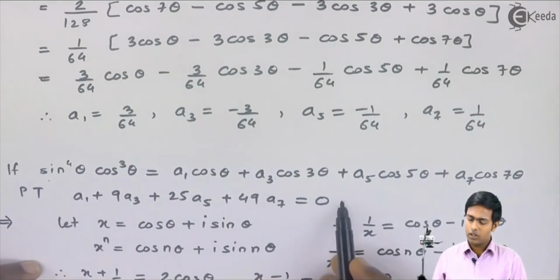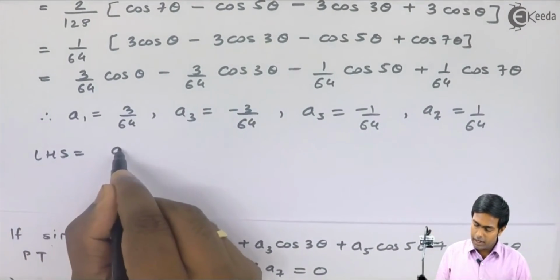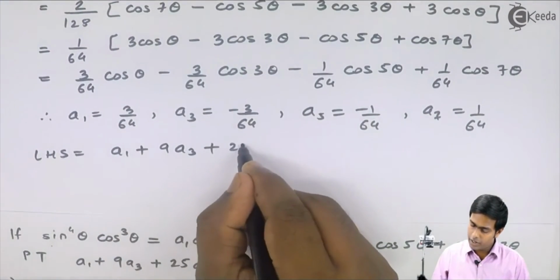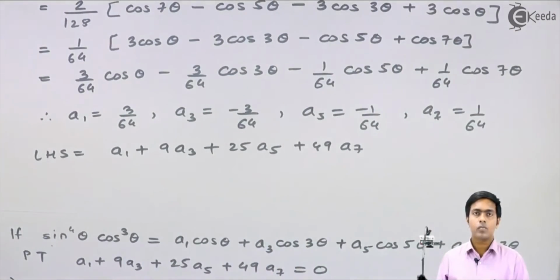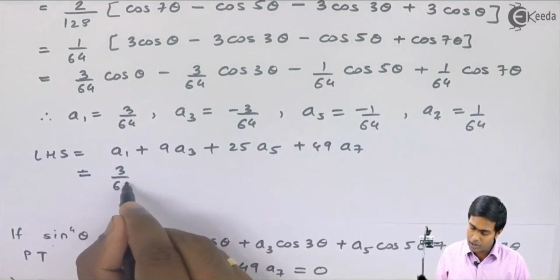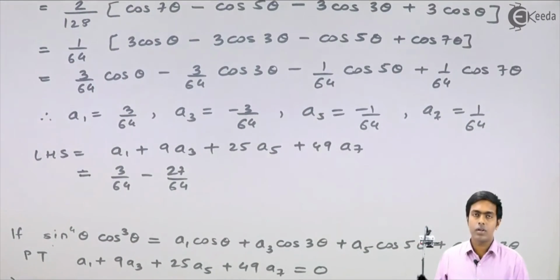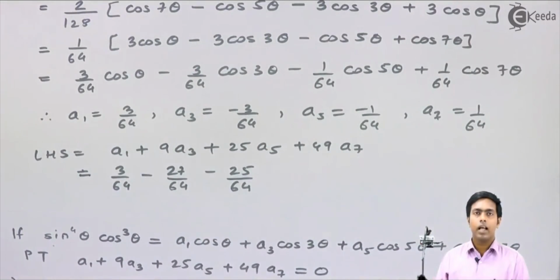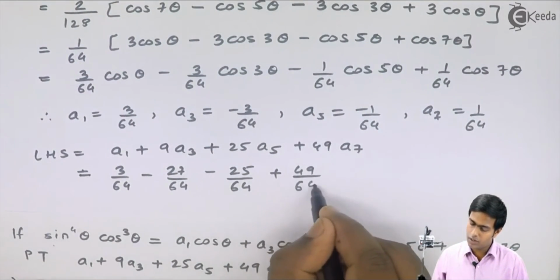Now we have to prove this result. So I will consider left hand side for it. So LHS is a1 plus 9 times a3 plus 25 times a5 plus 49 times a7. So we get a1 as 3 upon 64, 9 times a3 will become minus 27 upon 64, 25 times a5, so we will get minus 25 upon 64, and 49 times a7, so we get plus 49 upon 64.